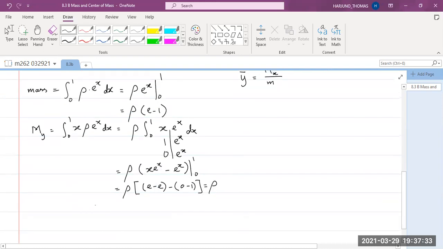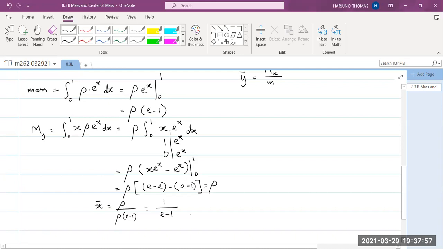So the x bar will be rho divided by rho times e minus 1. The rho will cancel. That's 1 over e minus 1.